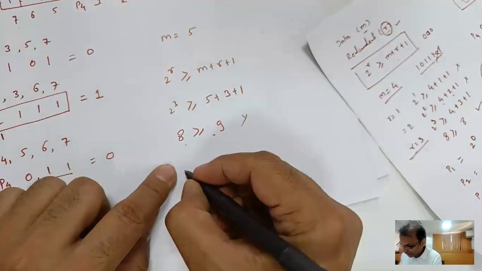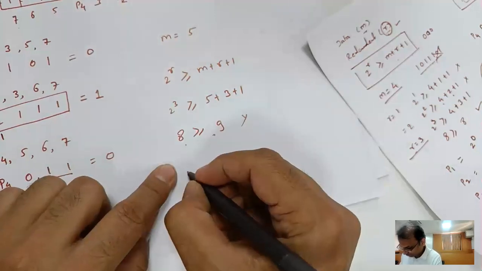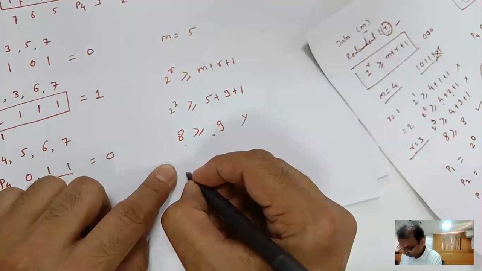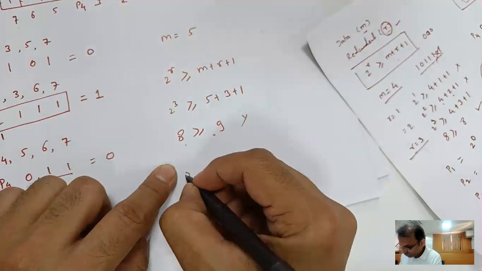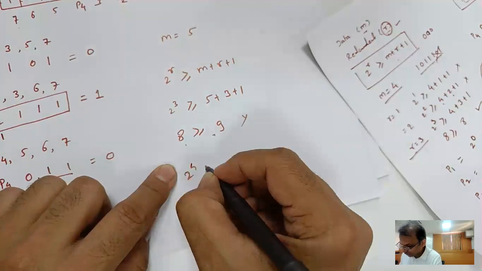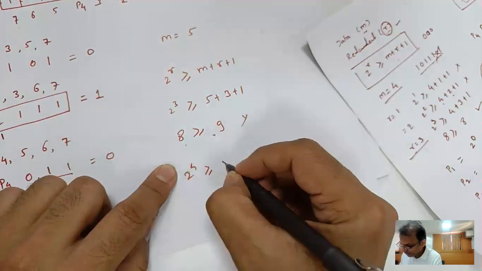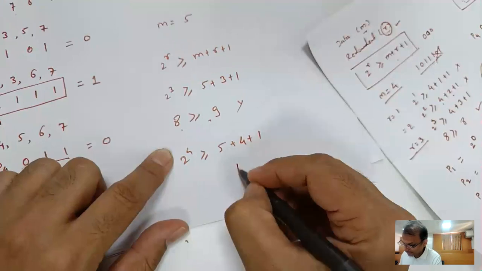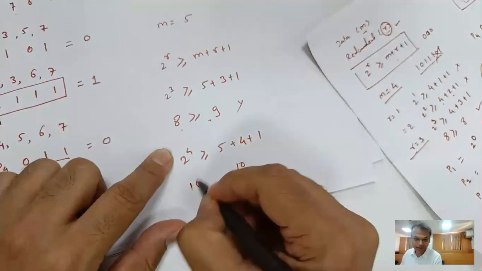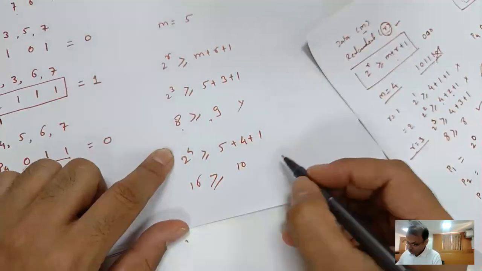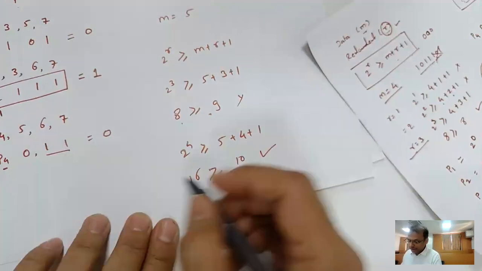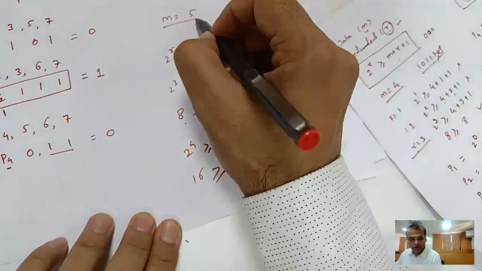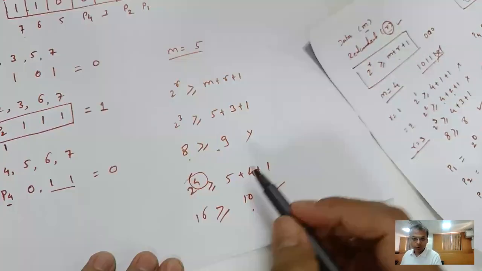So 2 raised to 4 is greater than or equal to 5 plus 4 plus 1. 5 plus 4 plus 1 is 10, and 16 is greater than or equal to 10. So this matches. So in case of M equal to 5, R has to be 4.